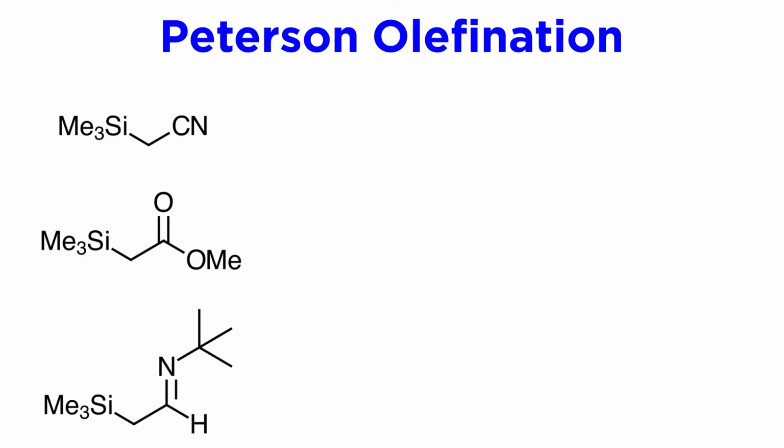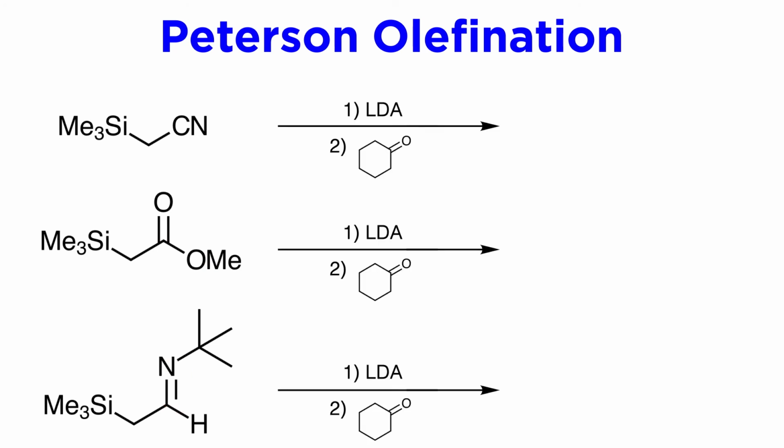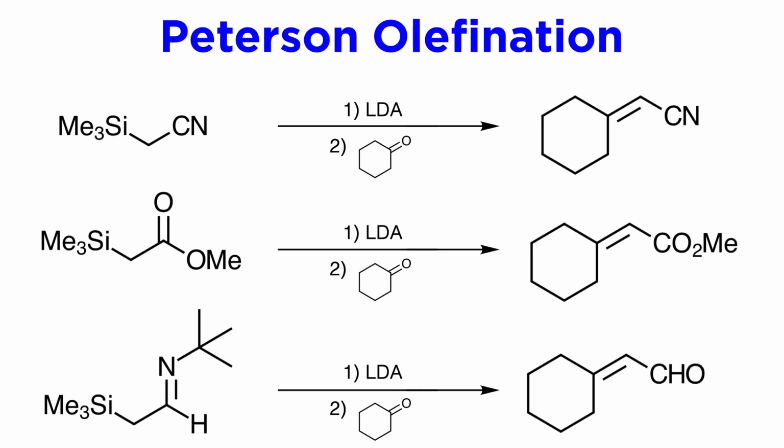The silyl-containing nucleophile can also be functionalized, like with a nitrile, ester, or an imine group. In these cases, the primary product eliminates even more readily, and it is very difficult to prevent the fragmentation, which yields an unsaturated nitrile, ester, or aldehyde after acid hydrolysis, as shown here.